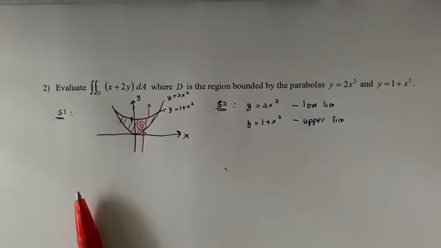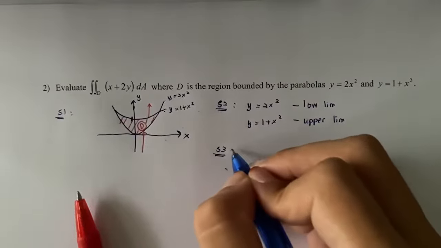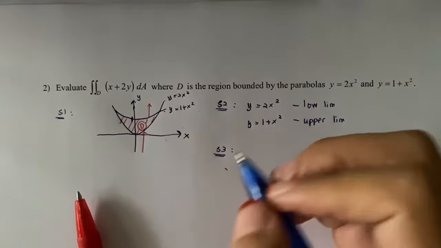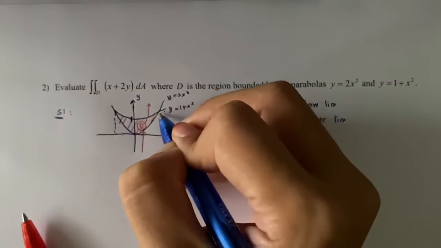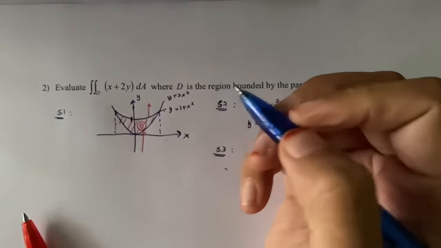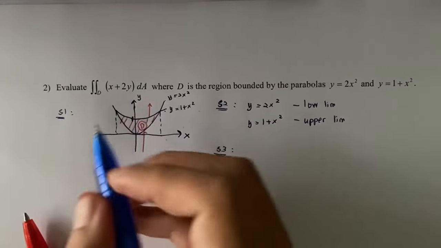So this is how you determine the y limit. And the third step is to find the x limit. Okay, the x limit is from here to here. So find the value for x at the intersection.